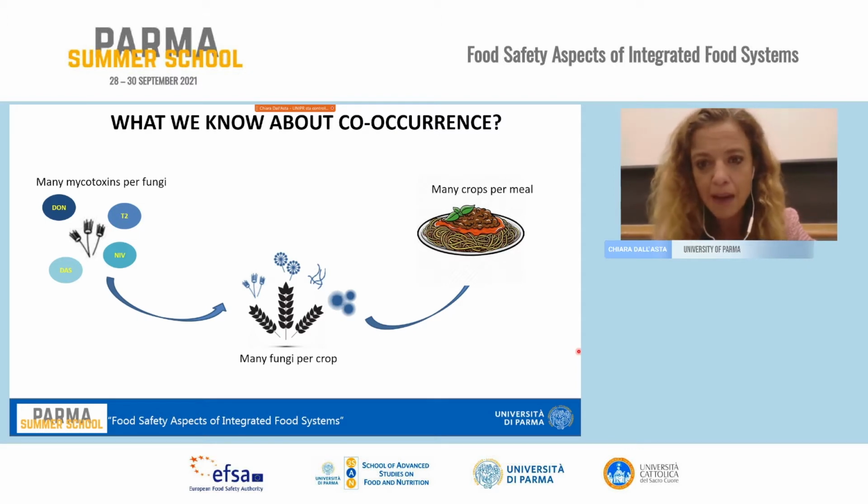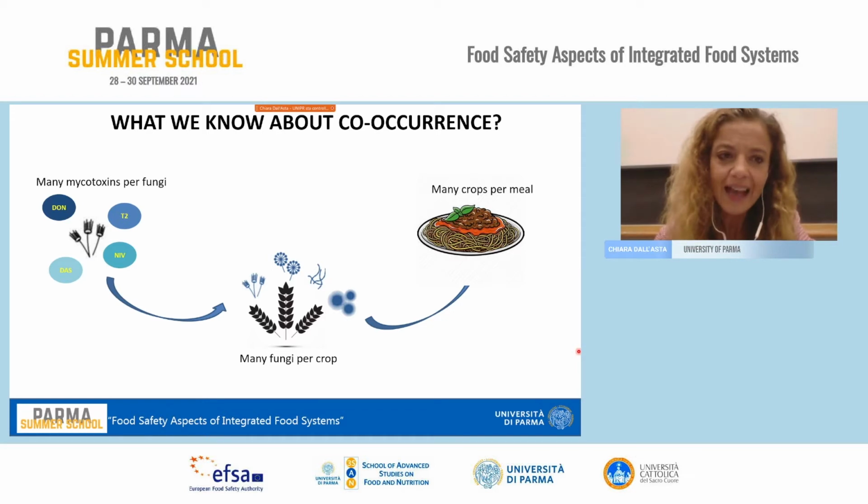If we have a pasta with ragu, as in the slides, you may have contaminants, environmental residues, mycotoxins, but also veterinary drugs coming from the meat. So co-occurrence is a reality of our everyday exposure to chemicals.